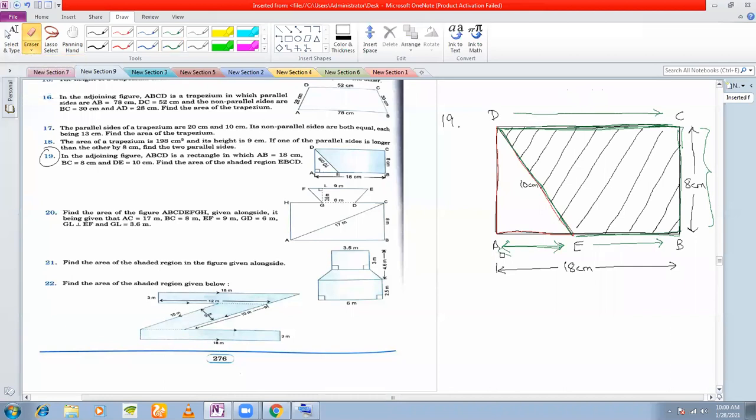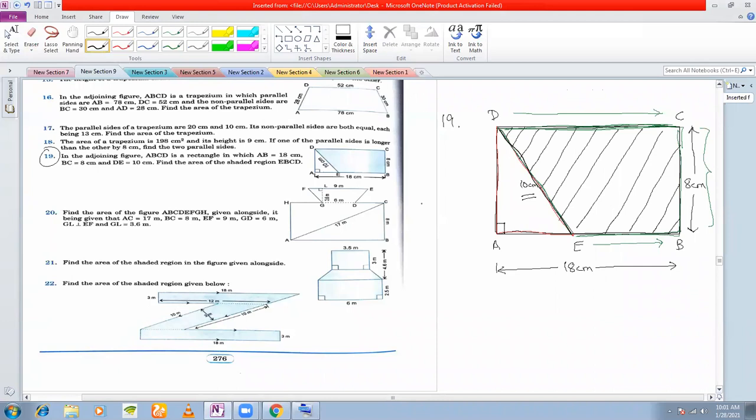We shall find out this length with the help of Pythagoras theorem again. Because if you see, this is a right angle triangle here, in which this 10 centimeter length is your hypotenuse.